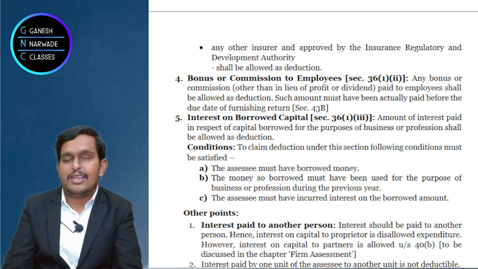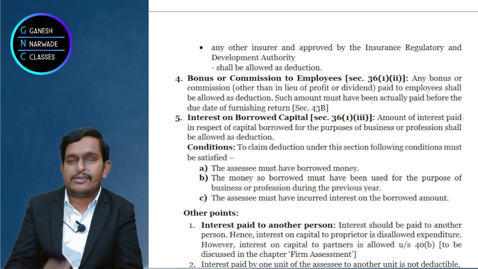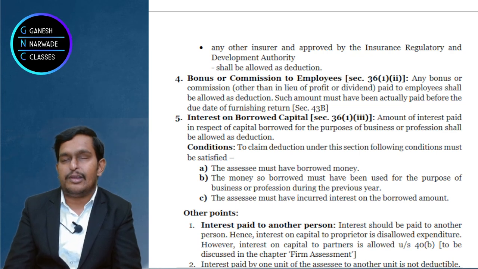So if interest is paid, that is not allowed as deduction for companies. Right? You have to be very clear about it. Suppose you took the loan for purchase of a plant and machinery, for the business only. So will the interest be allowed as deduction? The answer is absolutely yes.